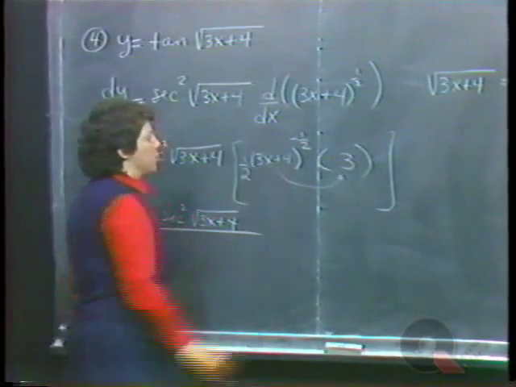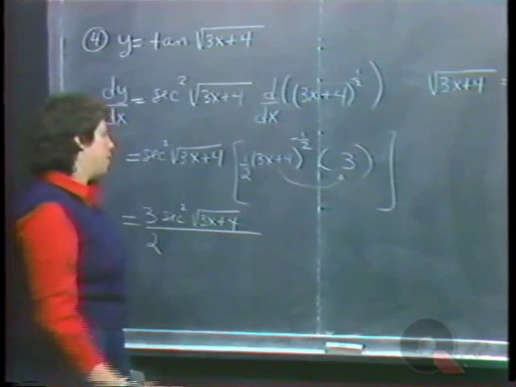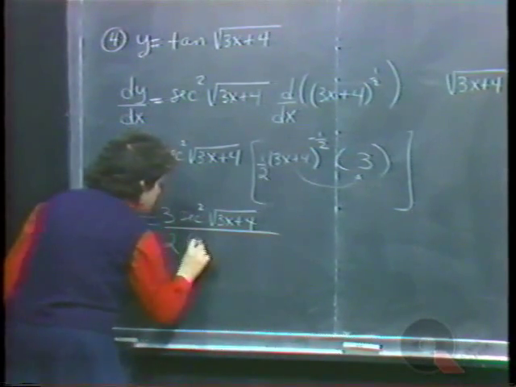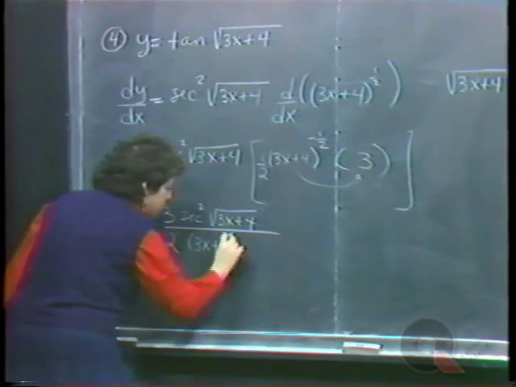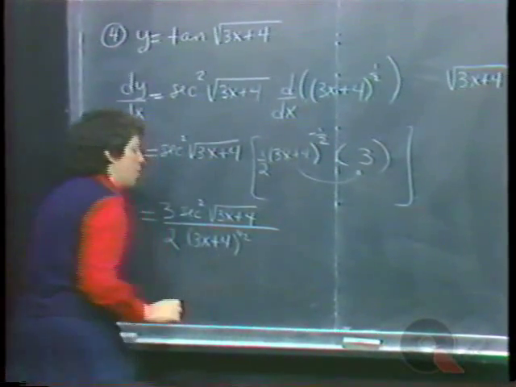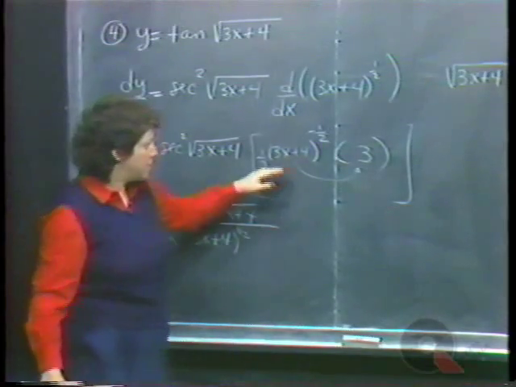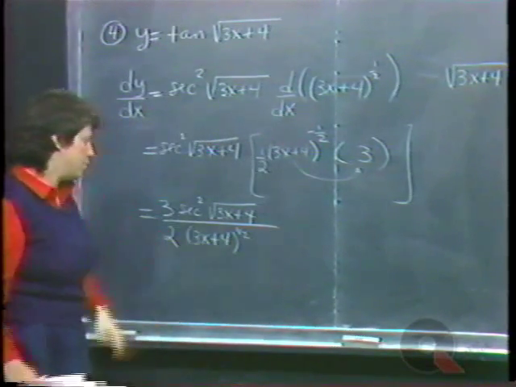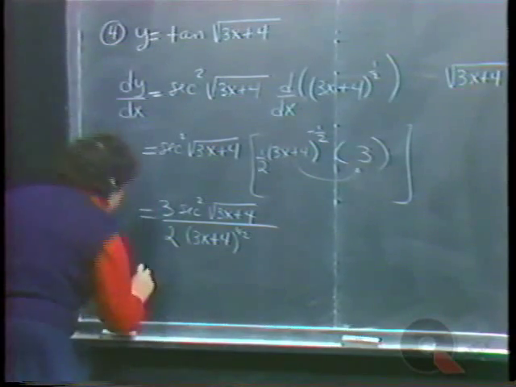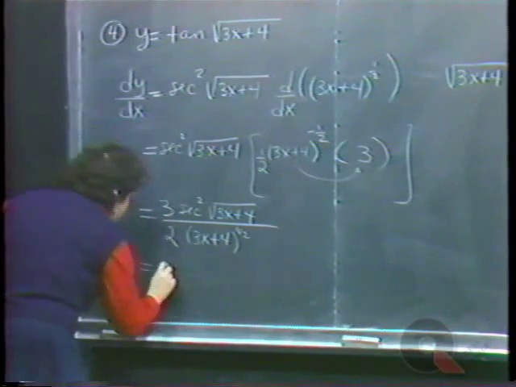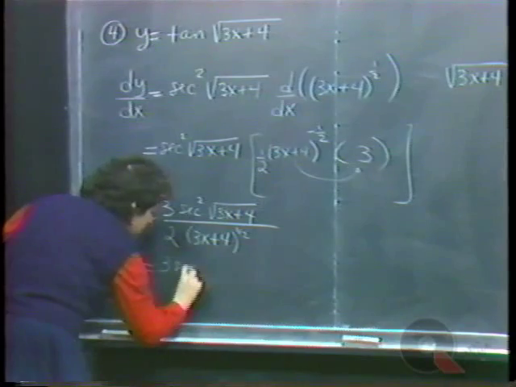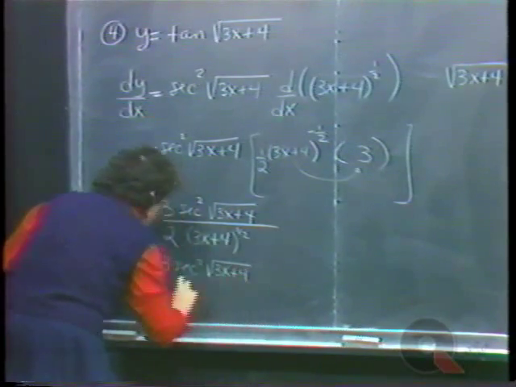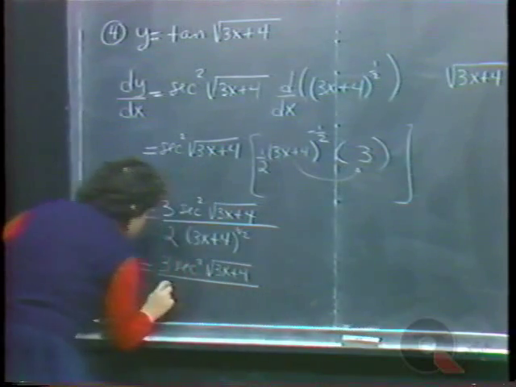Now, let's look at 3x plus 4 to the minus 1/2 power. 3x plus 4 to the minus 1/2 power goes downstairs as 3x plus 4 to the plus 1/2 power. Okay, when you have something to the minus 1/2 power upstairs, it can go downstairs to the plus 1/2 power. All right? So we can write this answer as 3 secant squared of the square root of 3x plus 4 over 2.